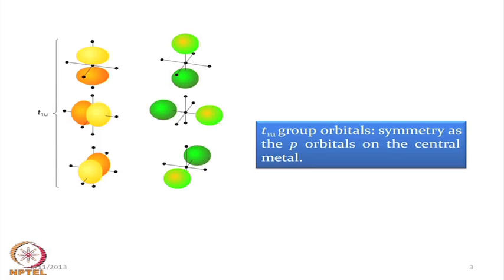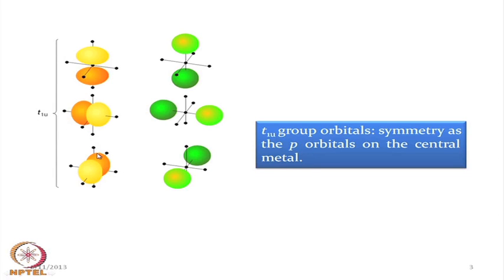So, apart from these d orbitals and s orbital, we have these p orbitals also which are engaged in sigma bonding. So, we see that we have one s orbital of A1G symmetry, then two d orbitals of EG symmetry and three p orbitals of T1U symmetry.